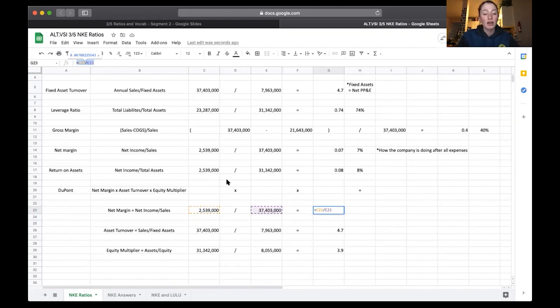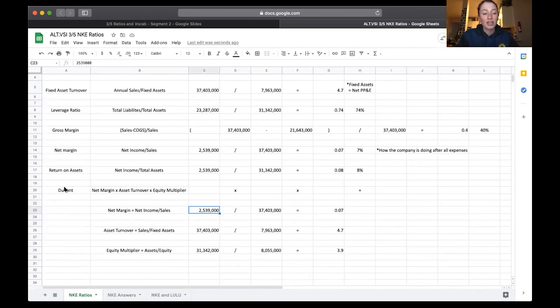Because for example, let's say you have another company, no longer Nike, and you need to find their net margin again. All you do is change this number. Let's say it's 3,500,000 now, and it automatically changes right here. So it's no longer you doing this long math over and over for different steps. I promise you segment 3 will save a lot of time.